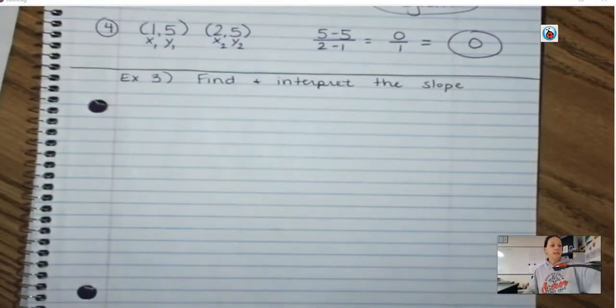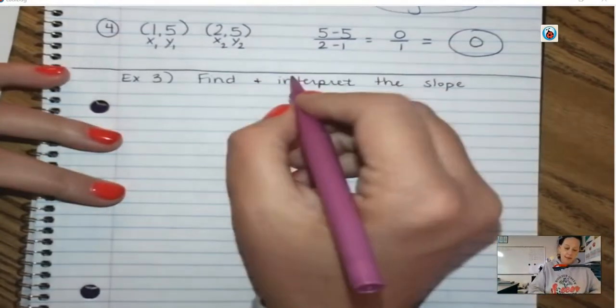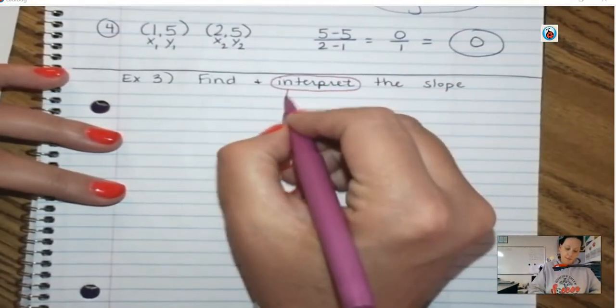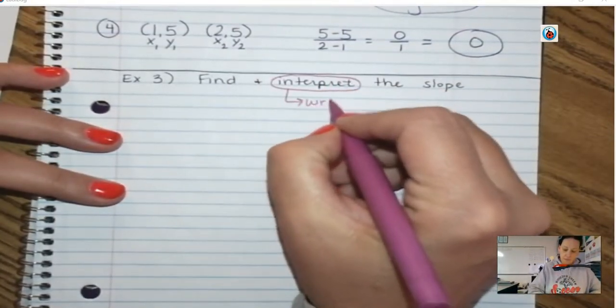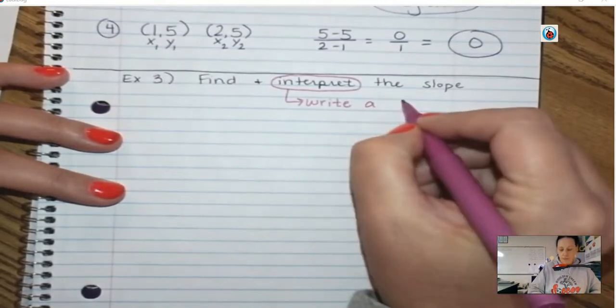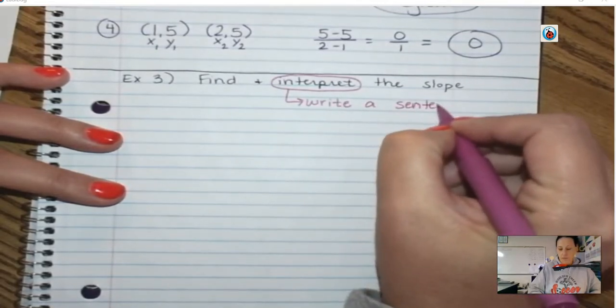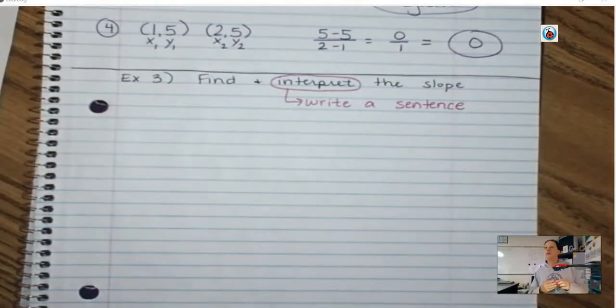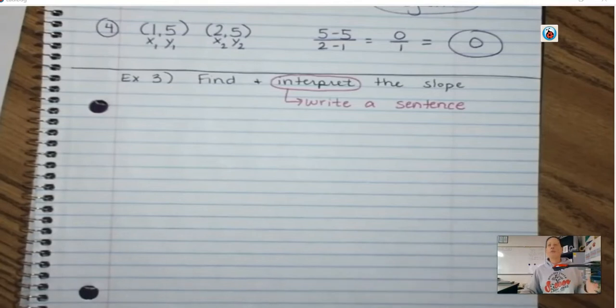Remember, whenever it says interpret, that means write me a sentence. So we're going to figure out what the slope is, and then we have to write a sentence basically dumbing it down for somebody, like, hey, what does that number actually mean in terms of the situation?